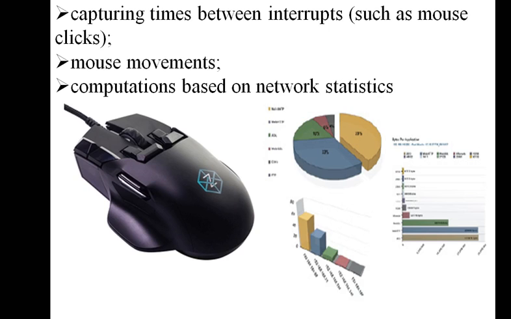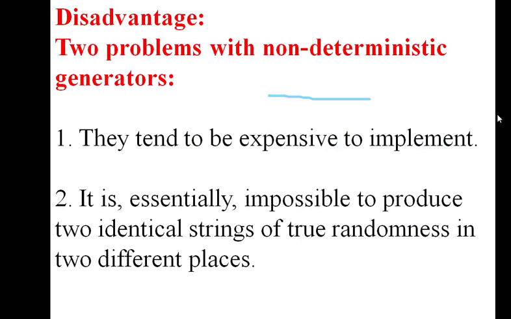Take the example of network statistics, here you need randomness. These all are software based examples, and the disadvantages of these non-deterministic generators are they tend to be expensive to implement.